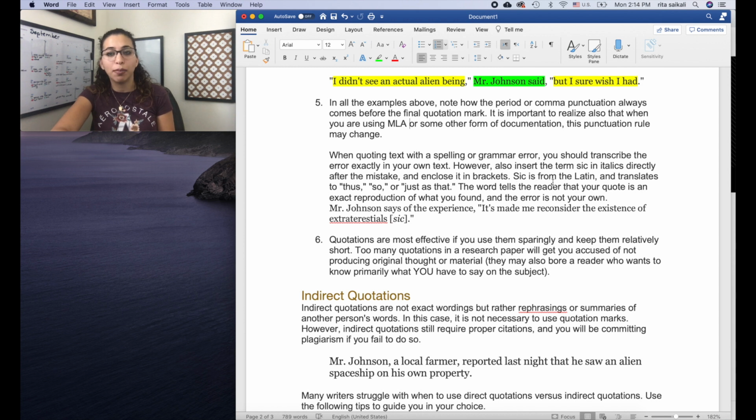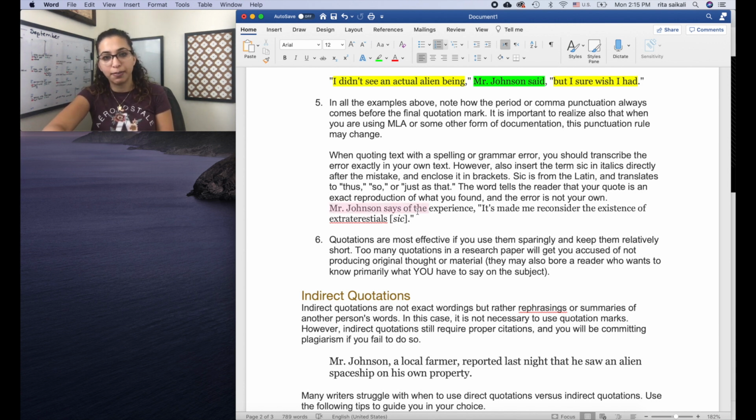Sic is a form from the Latin, and it translates to "thus." The word tells the reader that your quote is exactly a reproduction of what you found, and the error is not yours. So you're telling the reader that this is the quote I'm using, but it has an error. I didn't make that mistake. The person making that statement made that mistake, and this is what you would do.